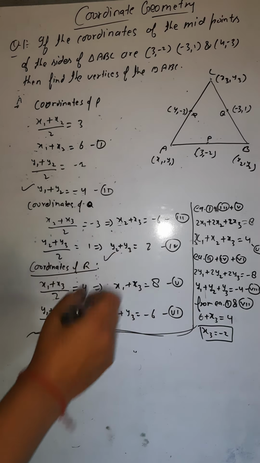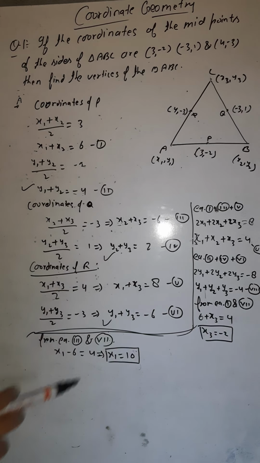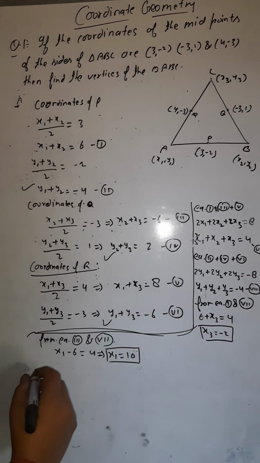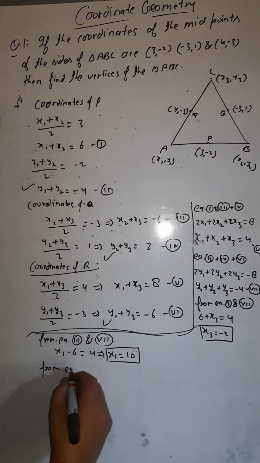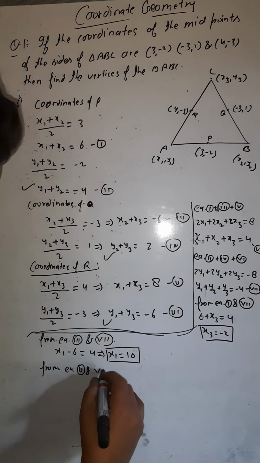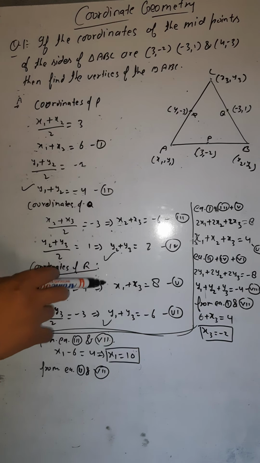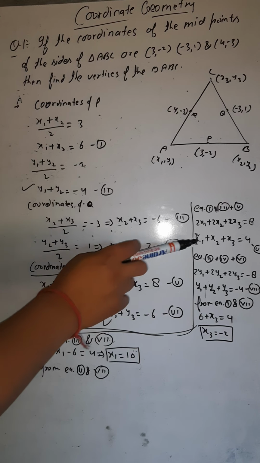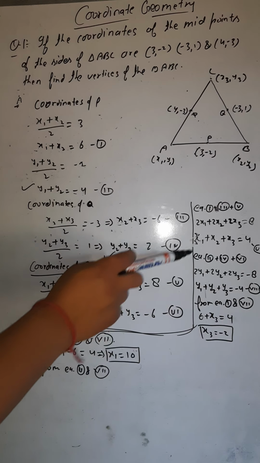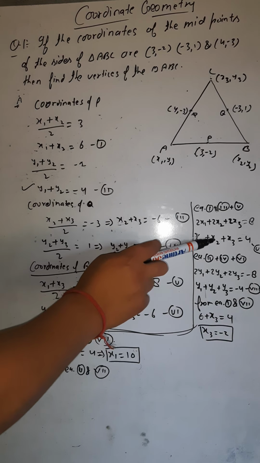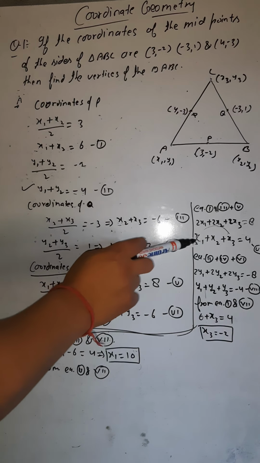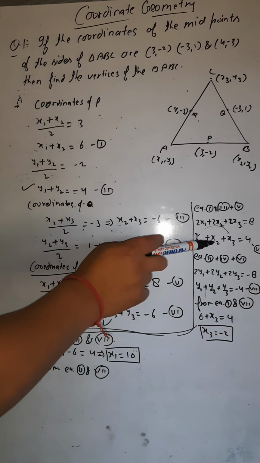So from equation 5 and 7, I can write x2 plus 8, because x1 plus x3 is 8. So it would be x2 plus 8 is 4.